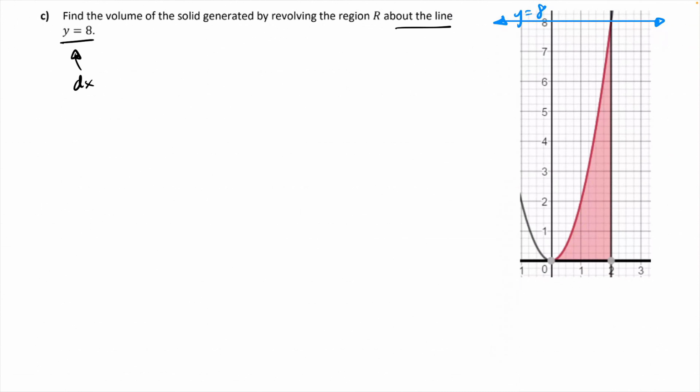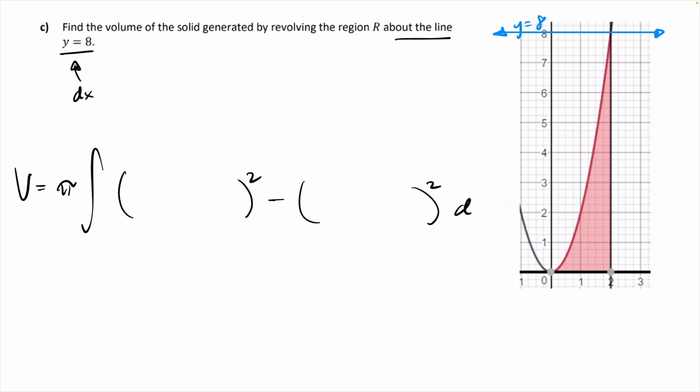Okay, so I have to start at the axis of revolution. Let me write this down first. Volume equals pi. Axis of revolution's way up here. So this time I'm going down until I'm out of the shaded area.